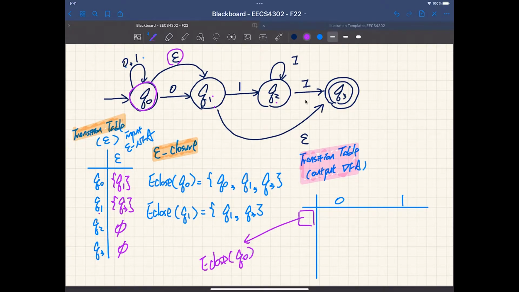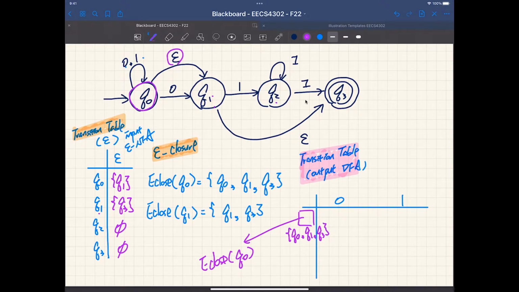In that way, it's actually going to be Q0, Q1, and also Q3 over here.